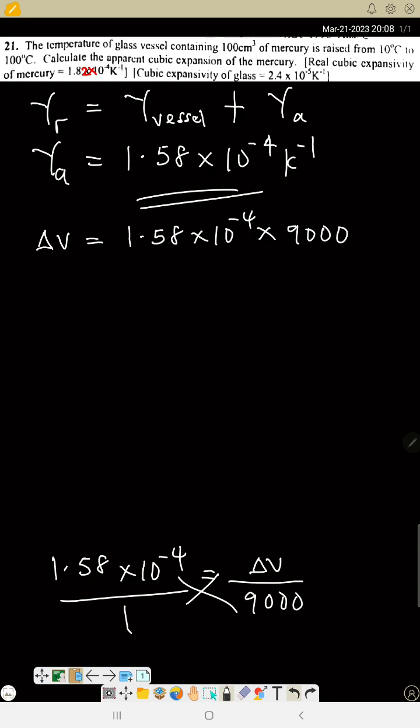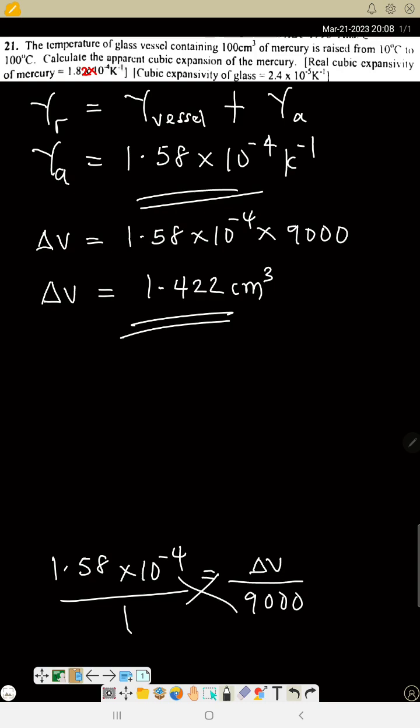Press your calculator. What do you get as the final answer? The apparent increase in volume will give you 1.422 centimeter cube. That is the final answer.